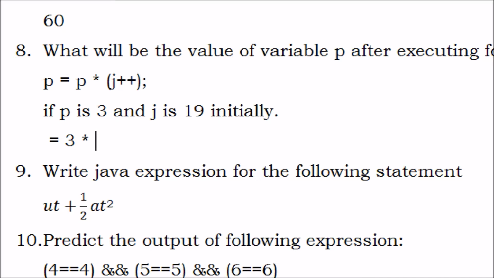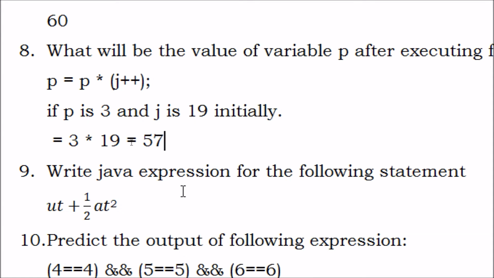Now do not get confused, as I mentioned in one of my videos, the brackets, or the parentheses, simply don't apply on increment or decrement operators, whether it is pre or post. Since it is a post-increment operator, I have to just ignore the brackets. I have to place the older value and then I will increment j. So the older value is 19 and the final value is going to be 57. So this is the answer.